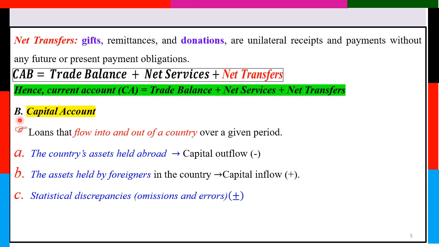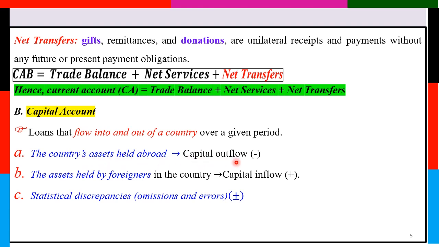Another component of the balance of payment is the capital account. Capital account is what? Loan inflow and outflow of the country. The difference: the capital inflow minus the capital outflow. For example, a country's assets held abroad.